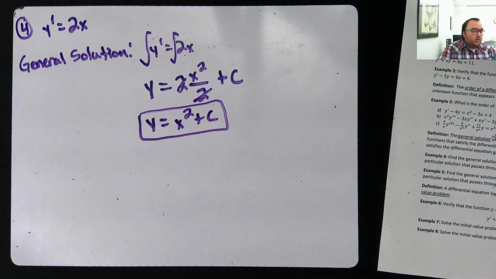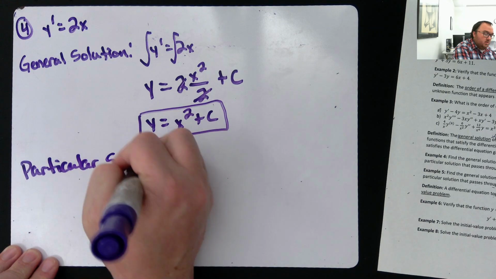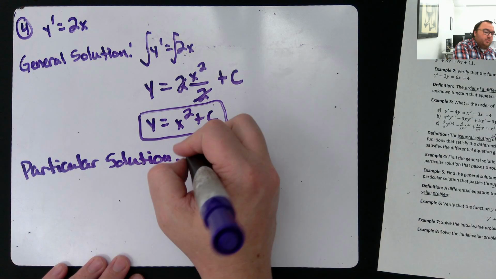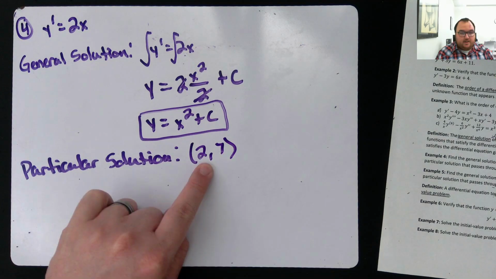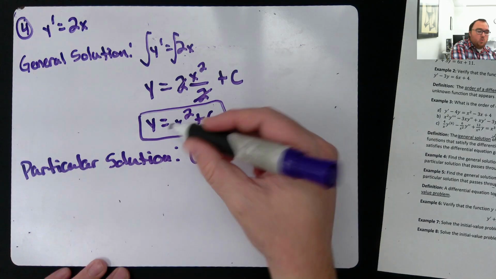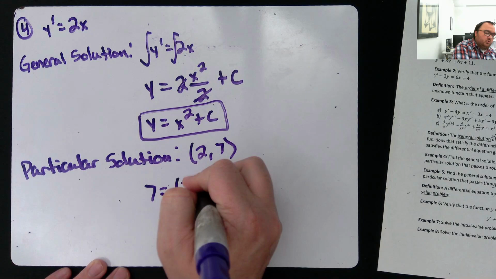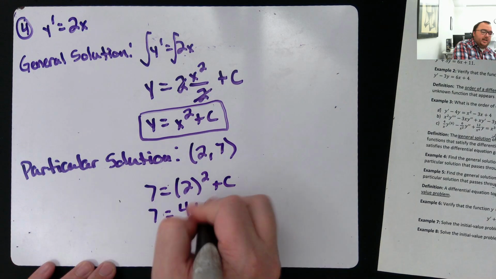Okay, so now for the particular solution, we're going to actually solve it for the c because they tell us it passes through the point 2, 7. So I'm going to plug this in to the y and solve it for c. So 7 is my y, so 7 equals, and my x is 2. 2 squared plus c. 2 squared is 4, so this means 7 equals 4 plus c.